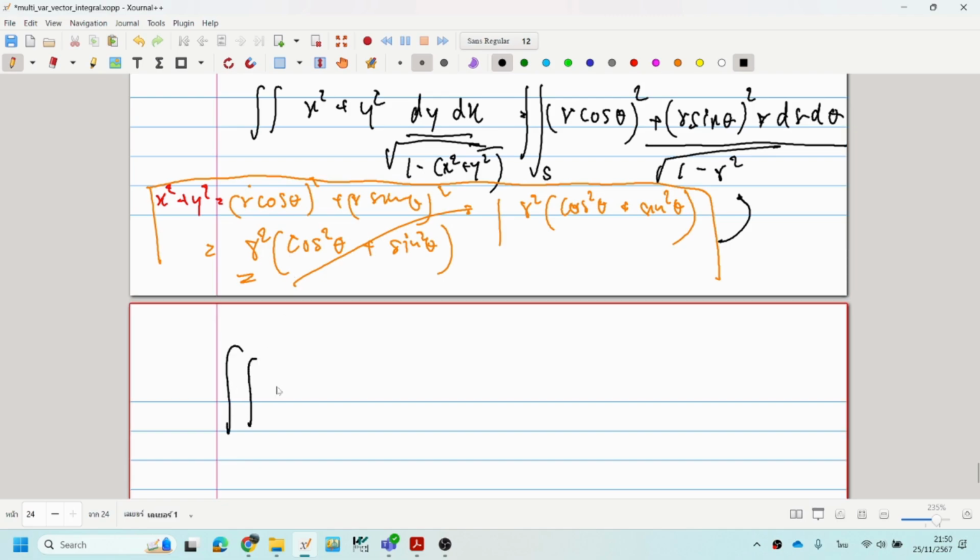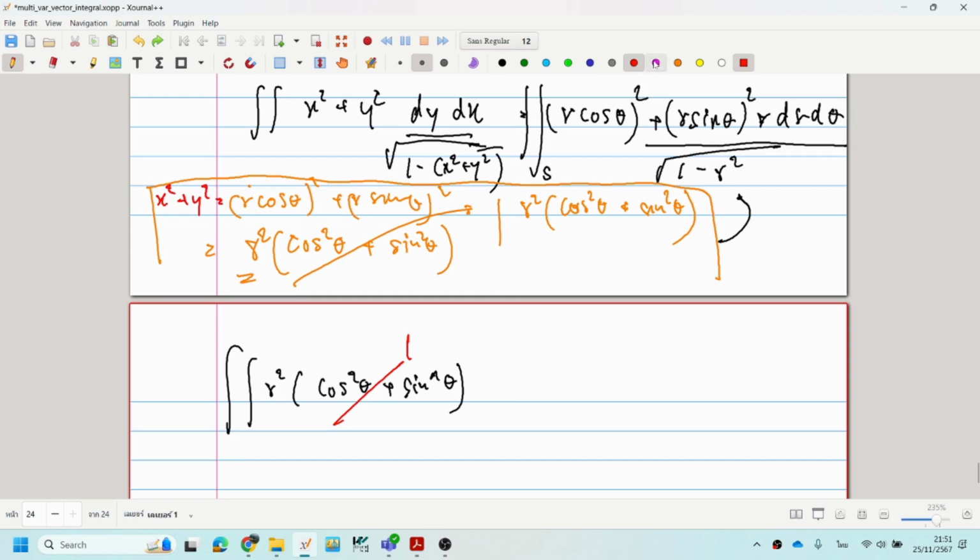I use the new coordinates, right? r moves out of the bracket, creating a new bracket, and inside of the bracket, cosine squared theta plus sine squared theta becomes 1, depending on the property of trigonometry.